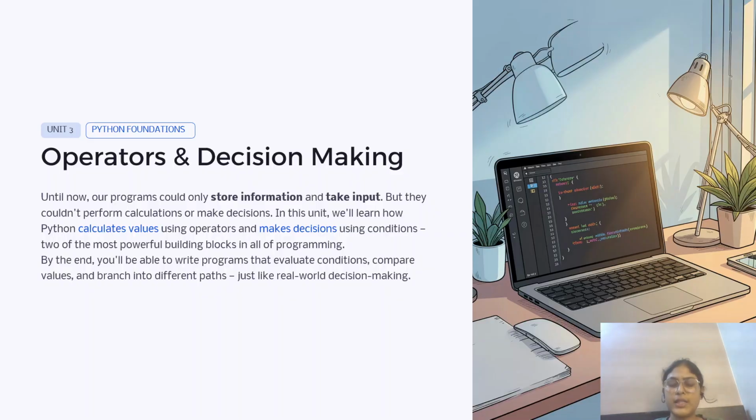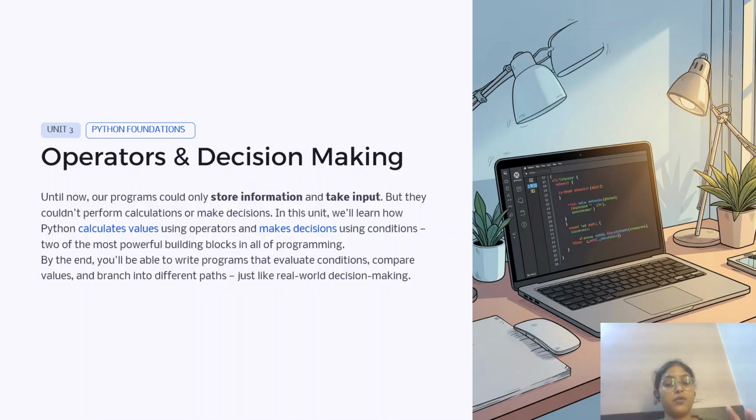By the end of today's lecture, you will be able to create calculators, grading systems, login systems, or maybe voting eligibility criteria. When we cover this whole topic, you will be building many beginner-level applications using Python operators and conditions.